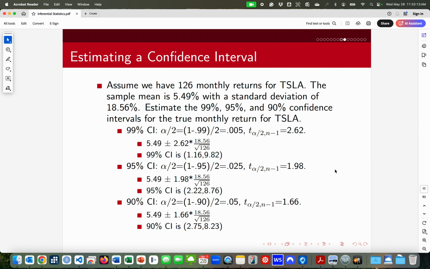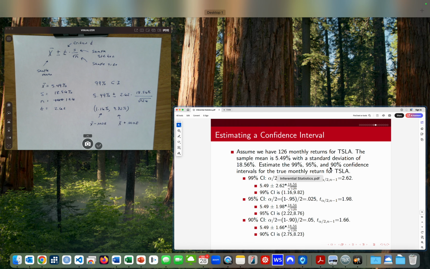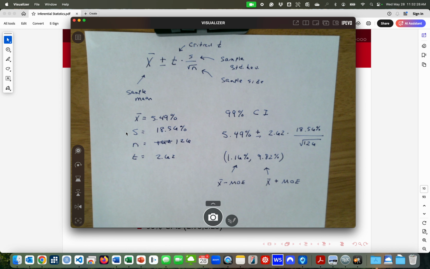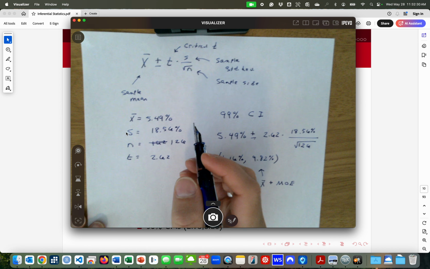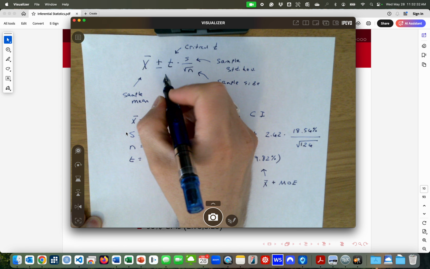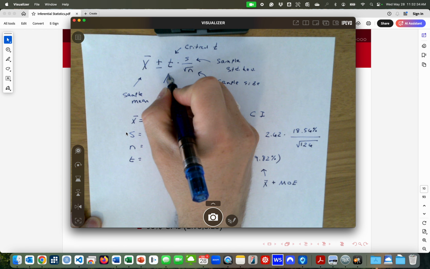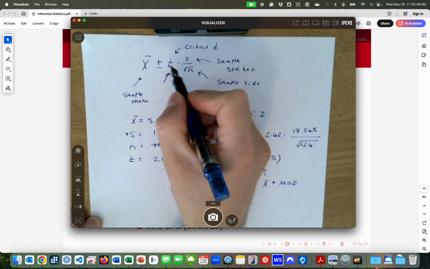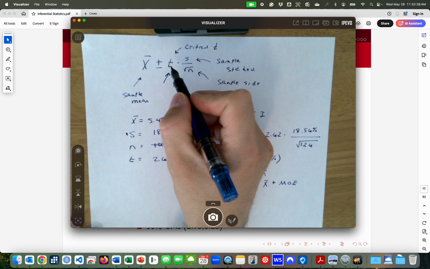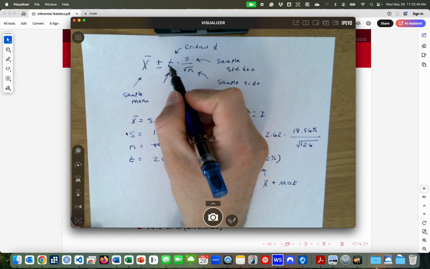So one big thing to notice when you are looking at a confidence interval, and it's important to understand, is how the level of confidence affects the interval. The level of confidence affects this number right here. The t-value right there is determined by the sample size and the level of confidence.